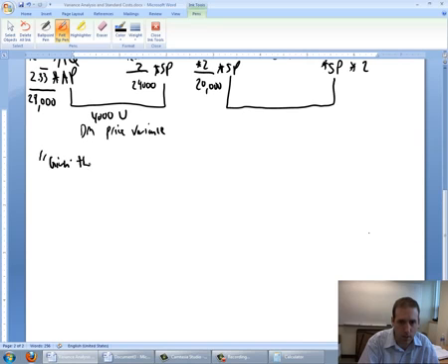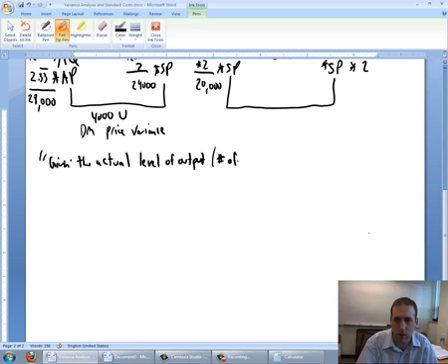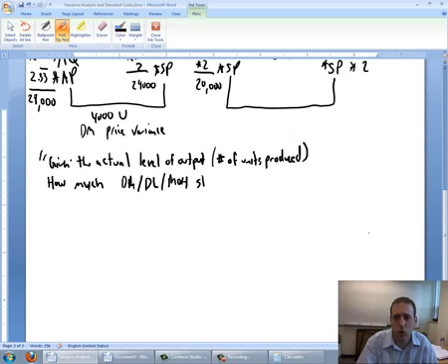Given the actual level of output, and what I mean by level of output is number of units produced, given the actual number of units produced, how much material or labor or overhead driver should have been used?